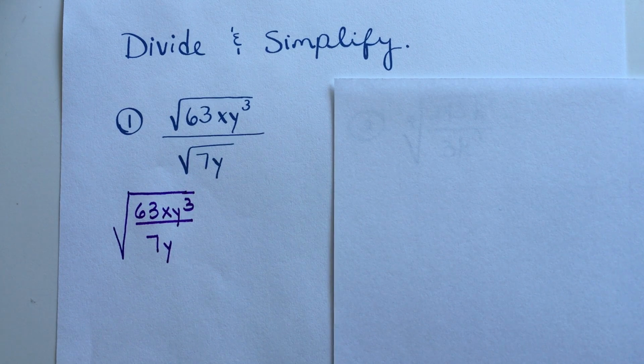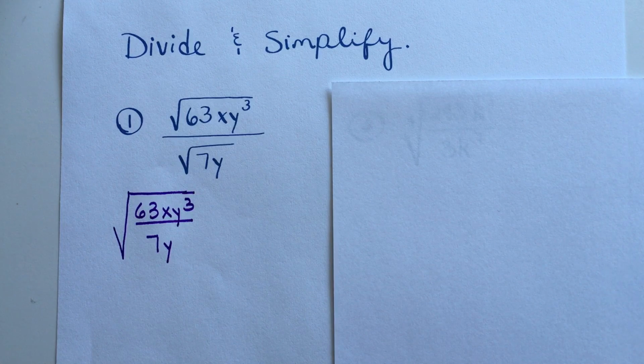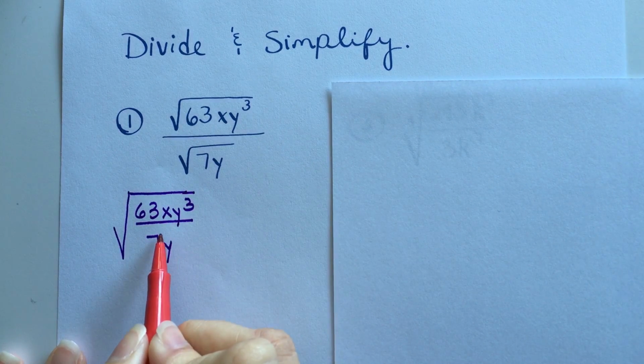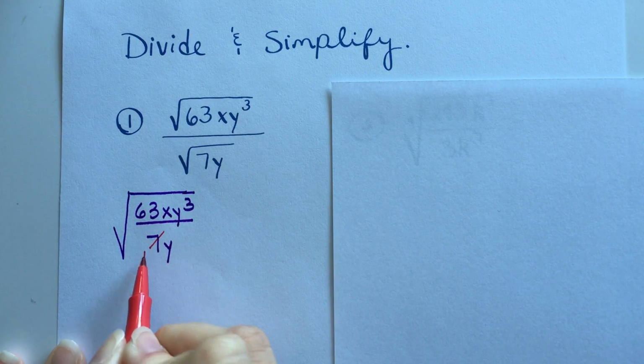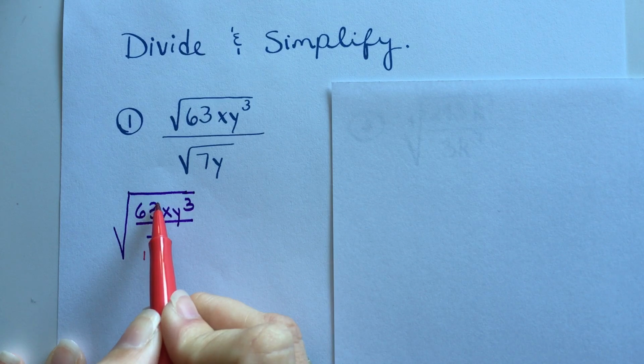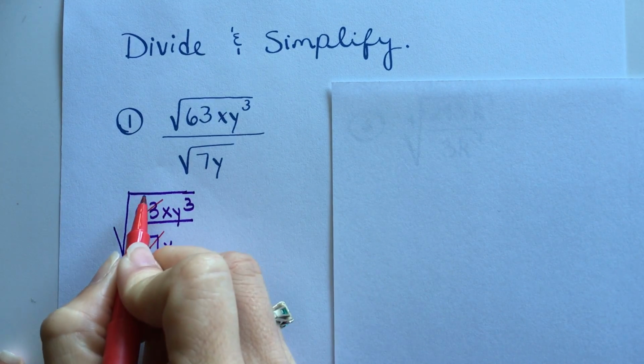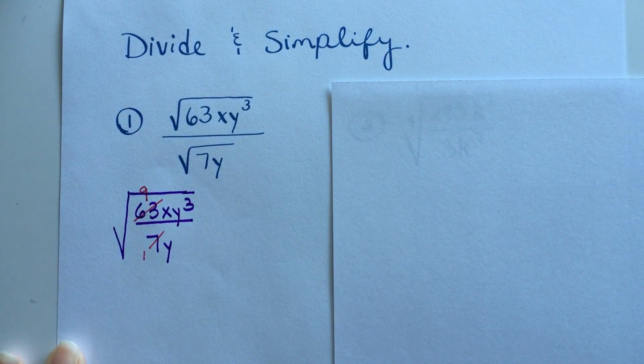Now, once you do that, then what you're going to do is reduce, just reduce a fraction like you always have. Reduce whatever it is that you can reduce. So the 7's going to go, of course, into itself one time, and it goes into the 63 9 times. Now, you can also reduce your y's.